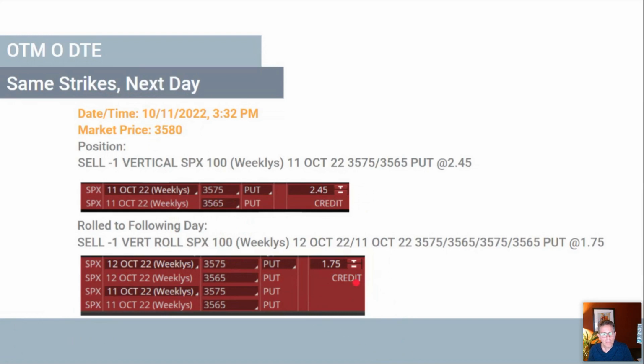That means when you roll the trade, you'll receive $1.75 per contract. Okay, not bad. But the next day, the market could continue going down, and then you'd be in the money already. All right, so let's move on here.